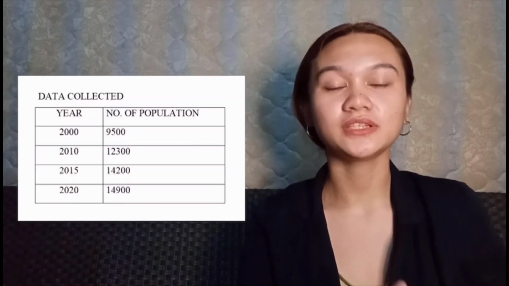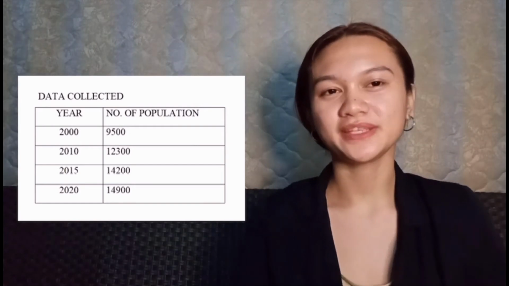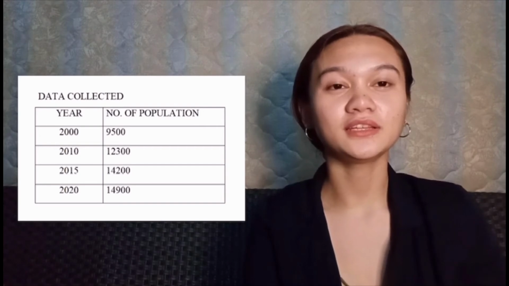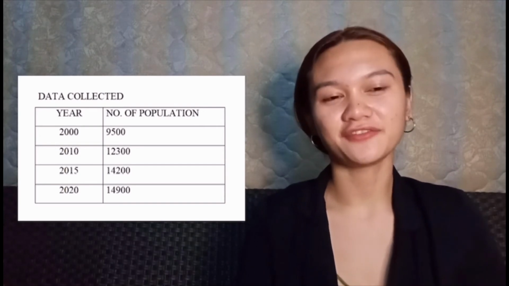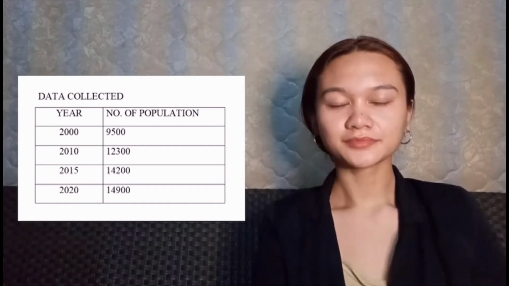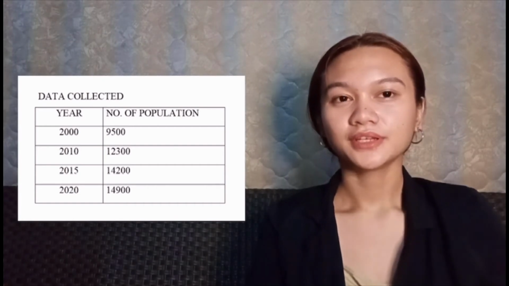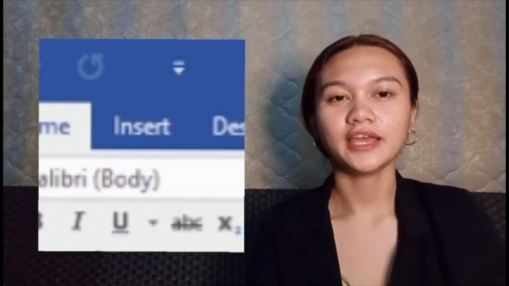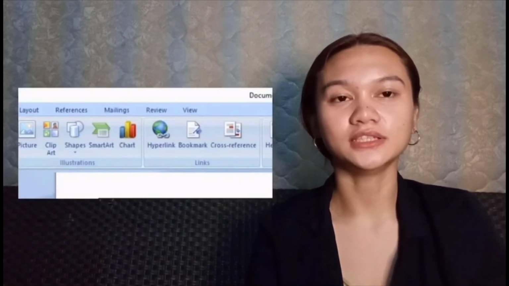I have collected data about the number of populations here in Cabancalan, Mandaue City, and this will serve as a sample data that we're going to use to make a graph. So let's get started with the first step. First step, go to your Microsoft Word, click Insert, and find the chart icon.